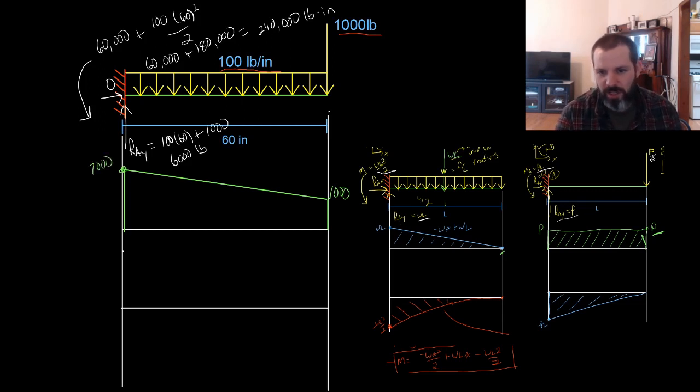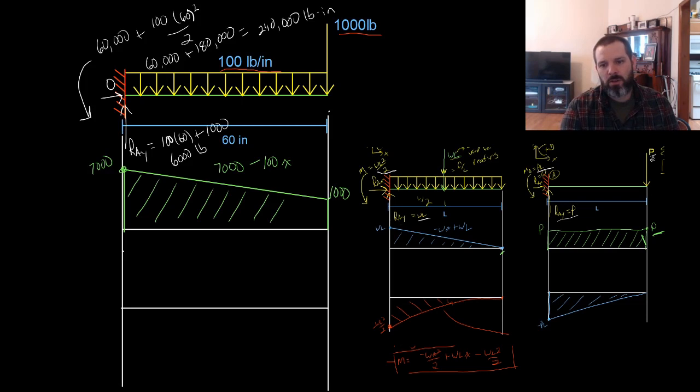The equation for this line will be 7,000 minus the W is the applied load, which is 100 times X. The equation for this is 7,000 minus 100X. Okay?